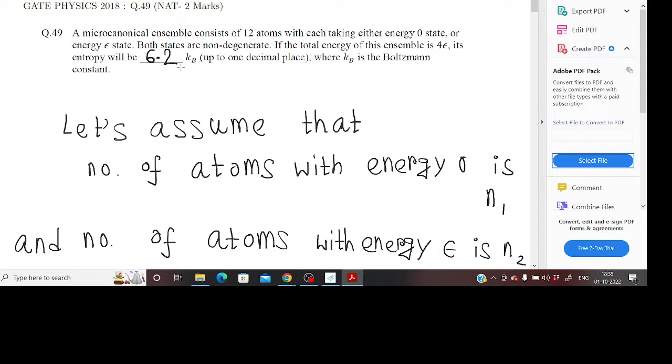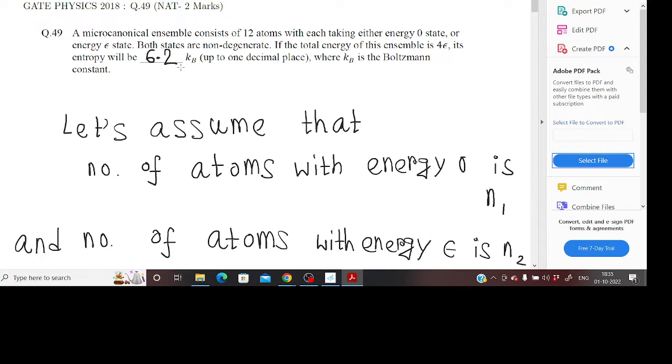If they are identical atoms, then among these 12 atoms, there are 8 atoms which are in the level with energy 0, so they look identical. So you have to divide the total number of ways by 8 factorial.